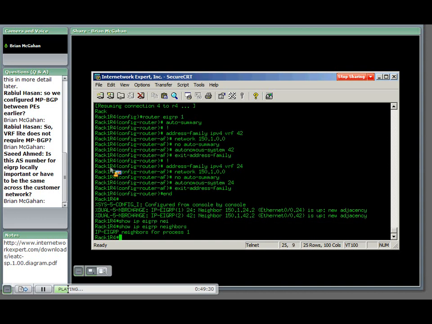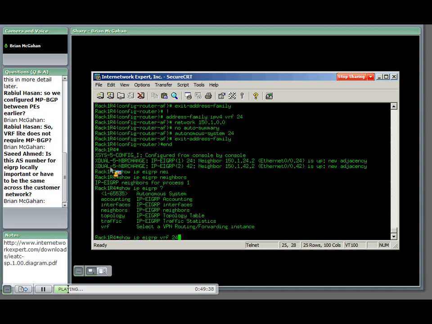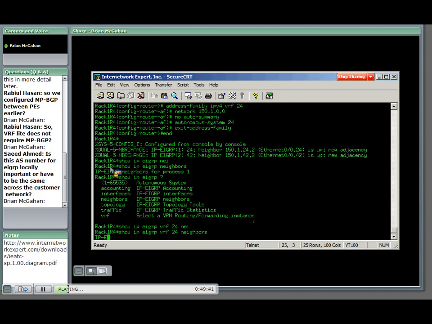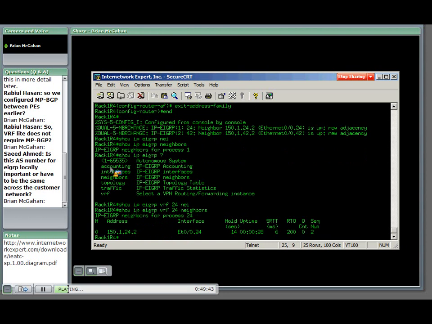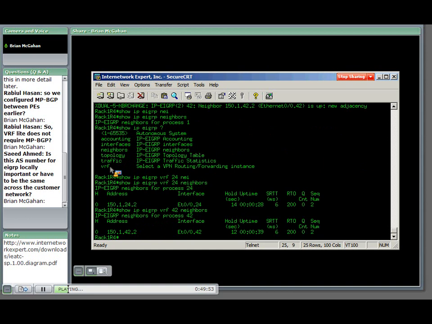If we look at the show ip eigrp neighbor output, globally for process 1, we do not have any neighbors. But if we say show ip eigrp for VRF24, we do have the neighbor inside the VRF24 instance of EIGRP. And likewise, we should have a neighbor inside VRF instance 42.